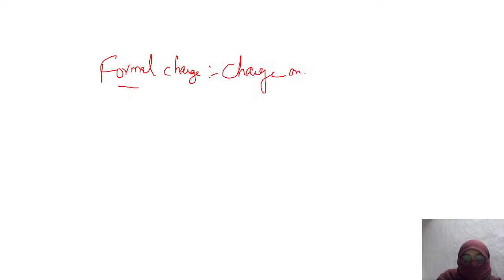So do you know what formal charge is? Let's define this first. The name says we are going to find out some charge values here. Formal charge is nothing but the charge on each atom in a compound.